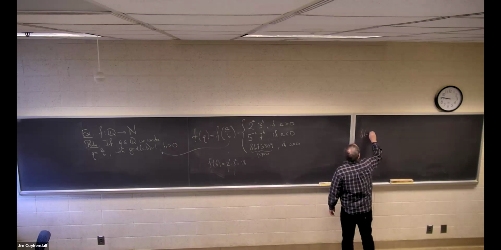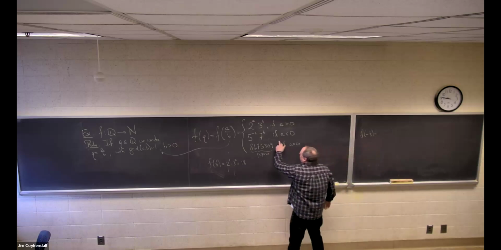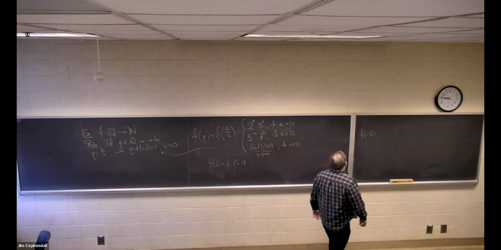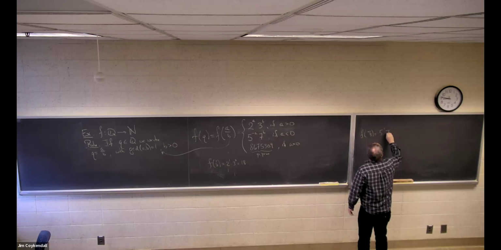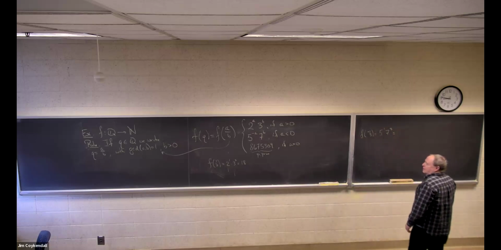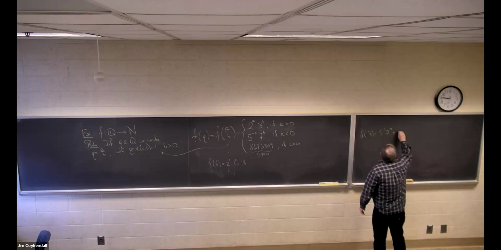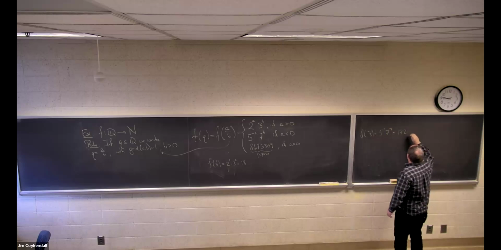f of minus 1/3. Well, here A is negative, so that should be 5 to the minus minus 1, 5 to the 1, 7 to the 3, which is 175, doesn't it?